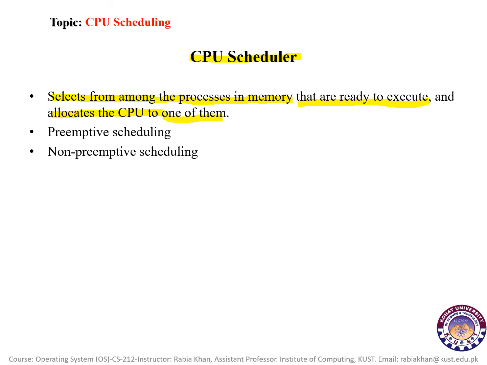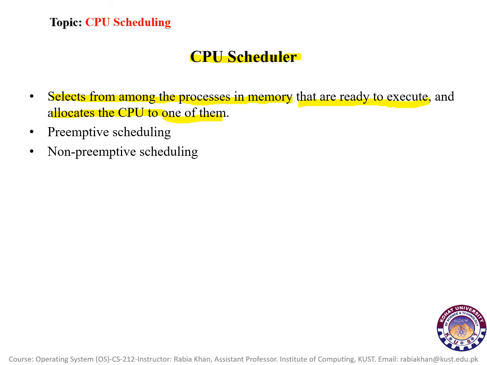If you remember, we discussed the dispatching function when we were discussing the 2-stage transition model. So the main function of the CPU scheduler is to organize the RAM, to arrange the processes in such a sequence that the process which should be sent to CPU first is placed at the top of the ready queue, and those processes which are to be executed later on CPU are placed towards the tail of the ready queue. So mainly it shuffles the RAM.